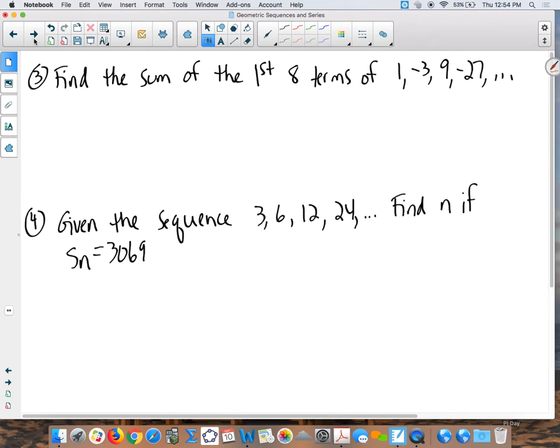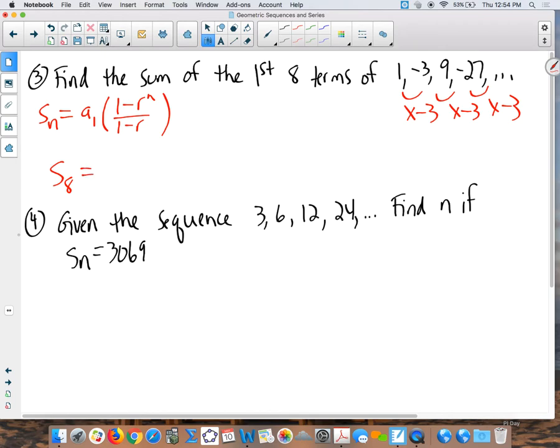So example 3, we're looking for the sum of the first 8 terms. Here, our r is going to be -3, and this is where you're going to have to be really careful in your formula. So S sub n equals a sub 1 times 1 minus r to the n over 1 minus r. We're looking for the first 8 terms, so S sub 8 equals a sub 1, which is 1, times 1 minus, and I mean it, put your r in parentheses here.